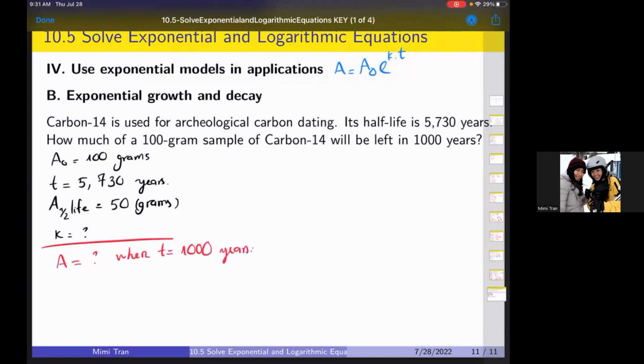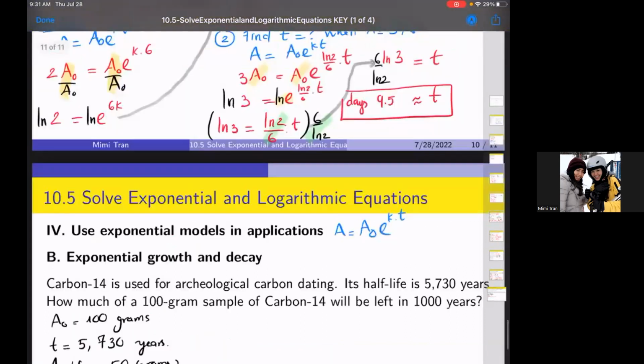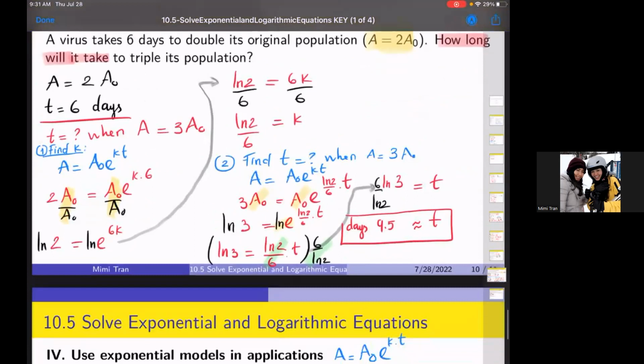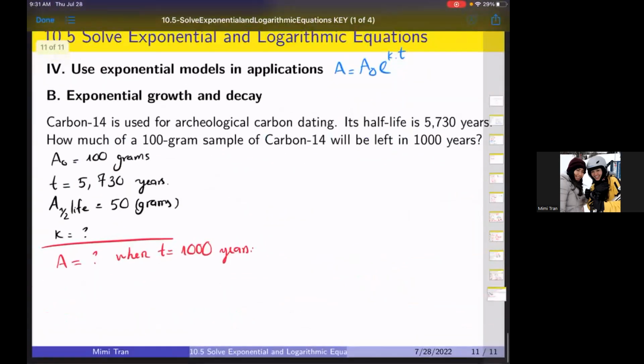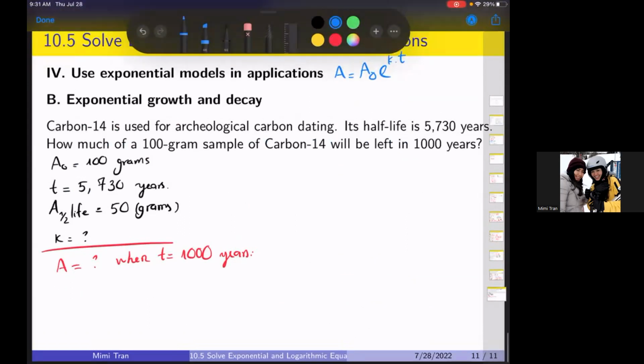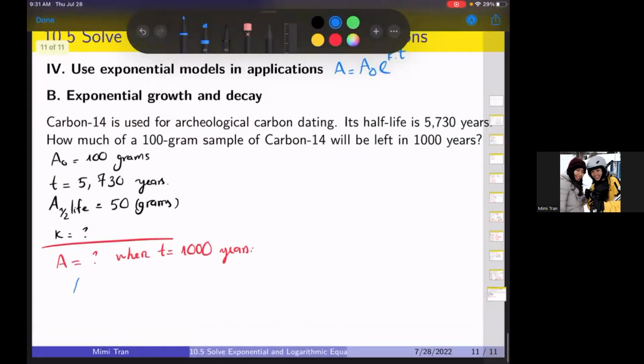First, same thing like here, we need to find K. Let me rewrite the thing. A equal A naught times e to the KT.